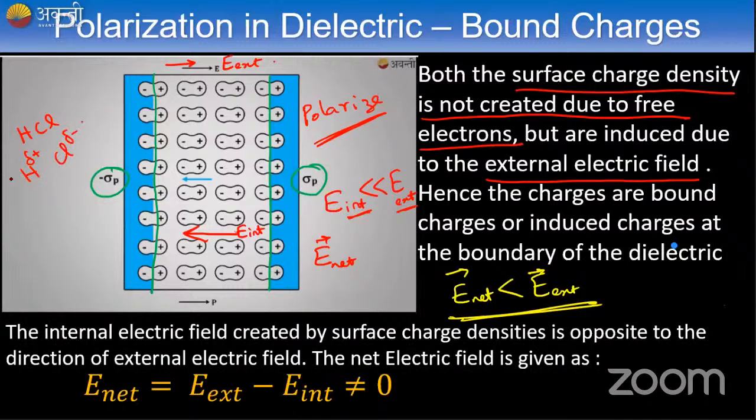Since these two charges are in the same molecule, there exists a dipole moment between them. My dipole moment is always from negative charge to positive charge, so it exists from the chlorine atom to the hydrogen atom. So this is the example for a polar dielectric.